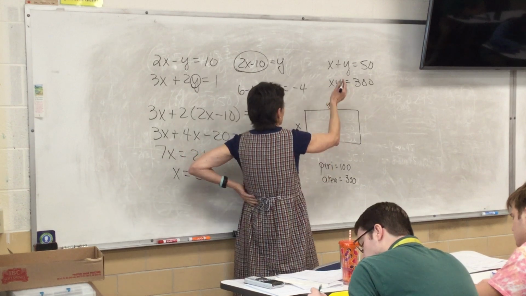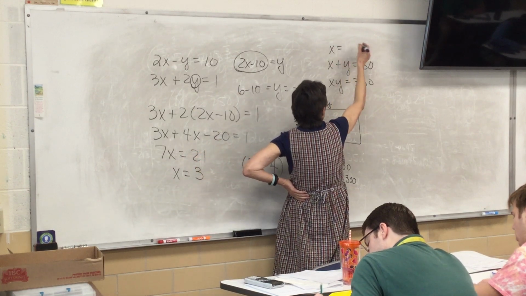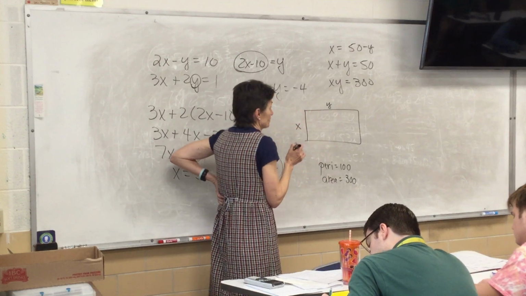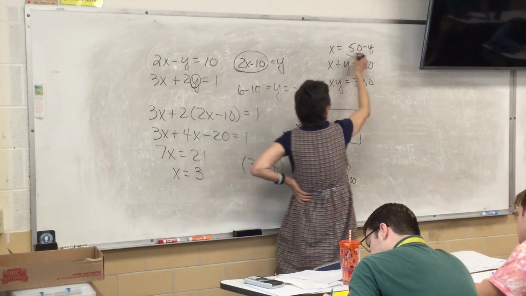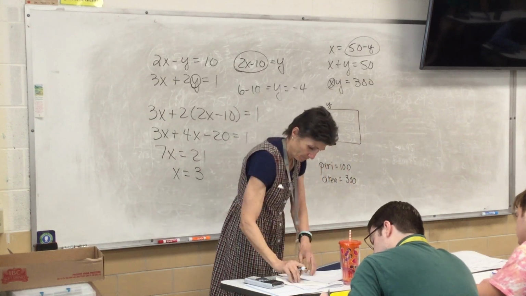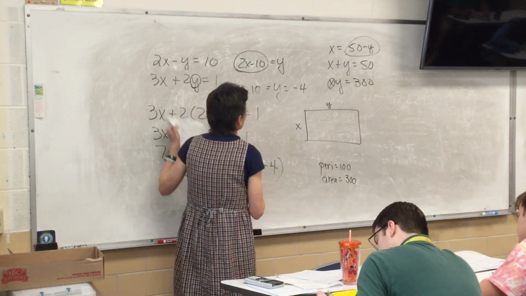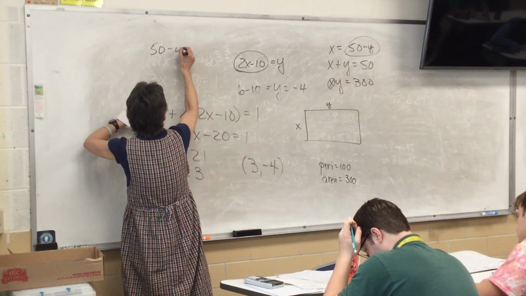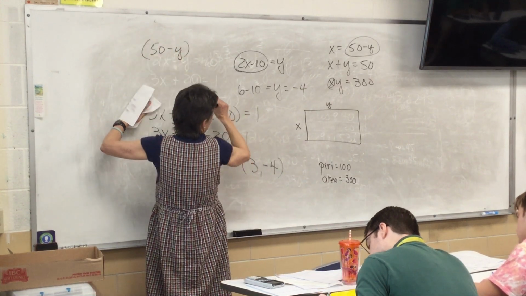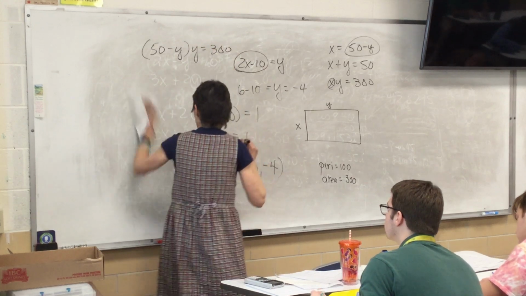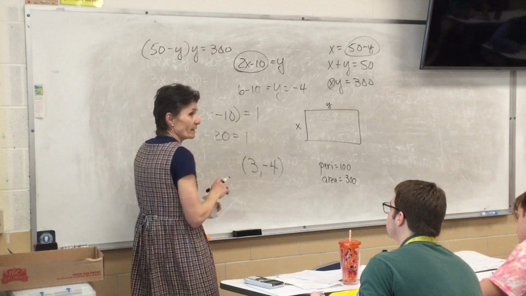So, I don't know. Does x equal 50 minus y? So I'll plug that in here. So now I have 50 minus y times y equals 300. Does that look okay to everybody?